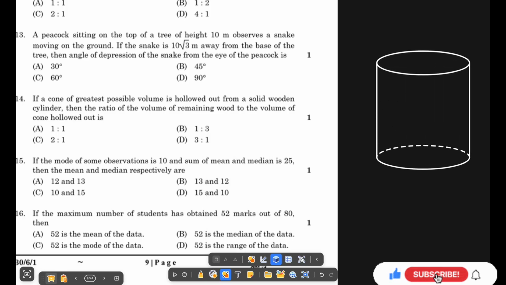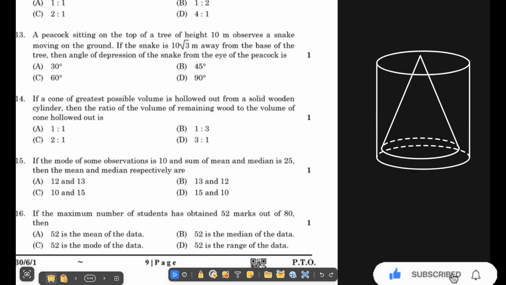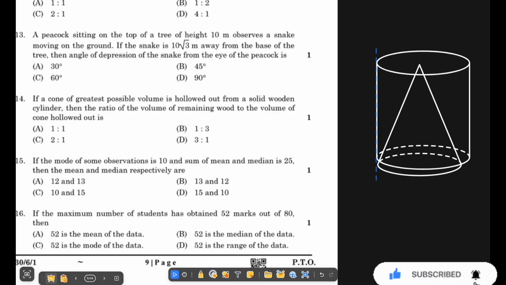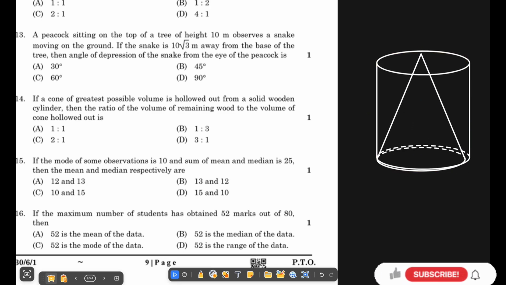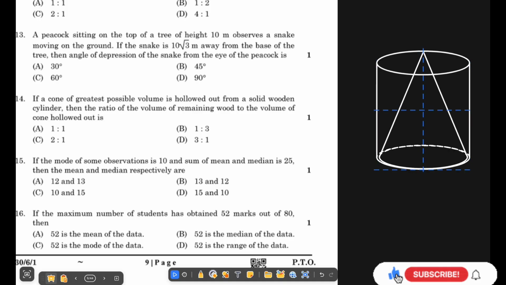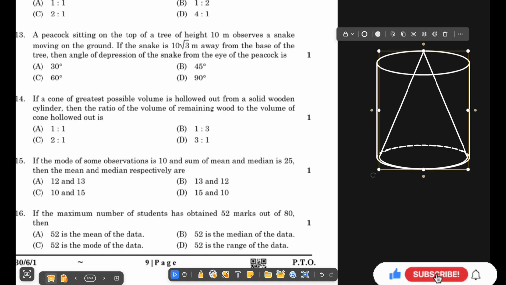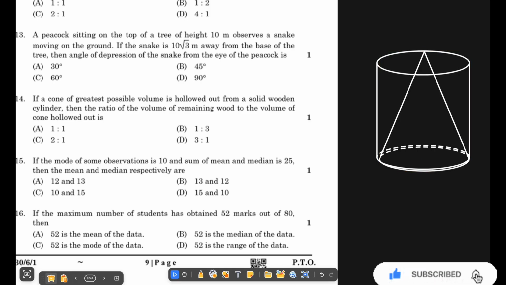So from a cylinder, a cone is cut. For the largest possible cone, the cone height and cylinder height must be the same, and the cone radius and cylinder radius must be the same.